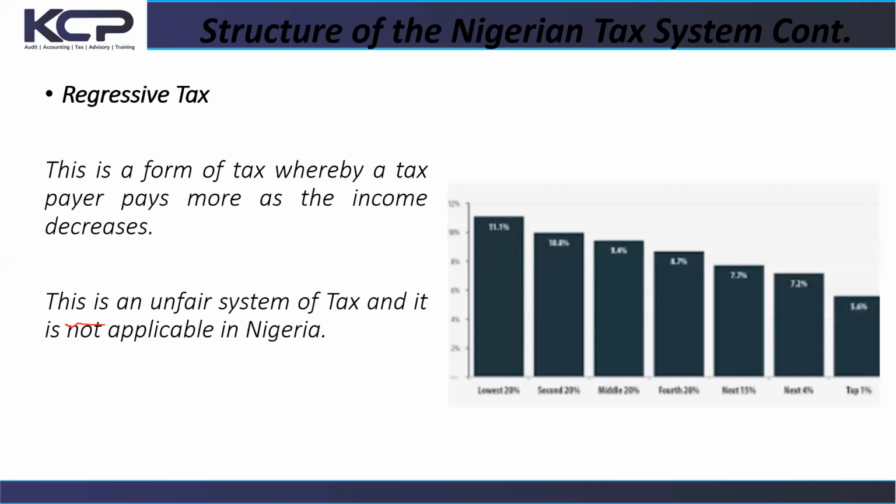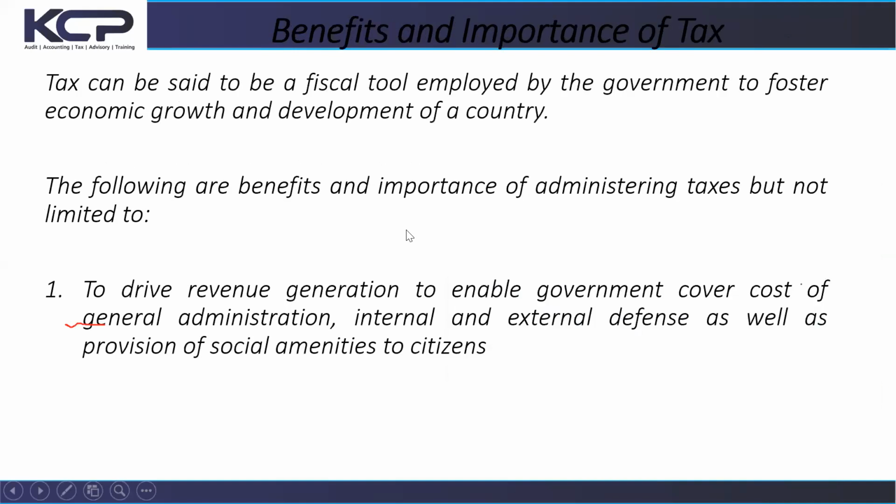Unfortunately, our Nigerian tax system actually encourages the rich to evade more tax while forcing the poor to pay more tax. So unfortunately, we find ourselves here, and that is why we think that the potential contribution of taxes to our national purse could have been much more if this loose end in the structure we are practicing is amended. So having said that, the next thing we should look at is benefit and importance of tax.